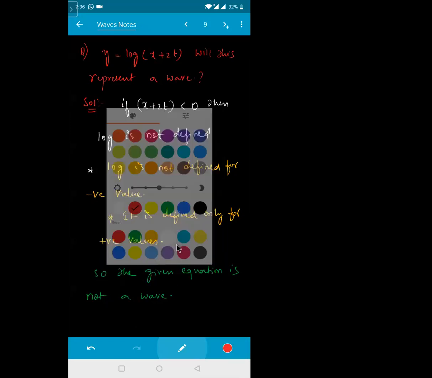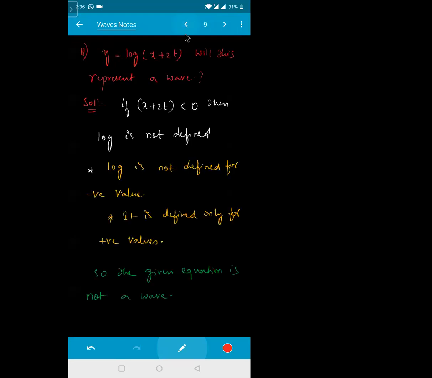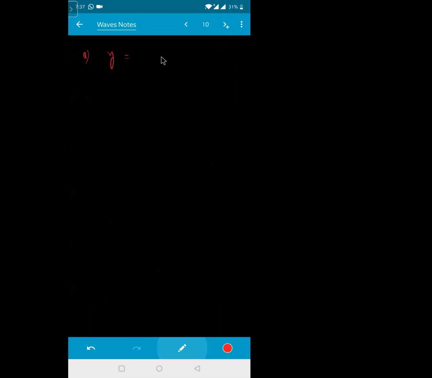I hope right now everyone got an idea how to identify a wave. Let me give you one more example. Sir, keep the previous page. Yes, better. Done? Yes, sir. Now think and give me the answer.